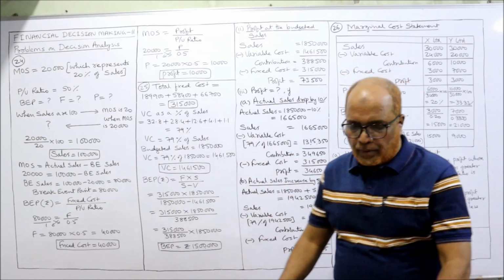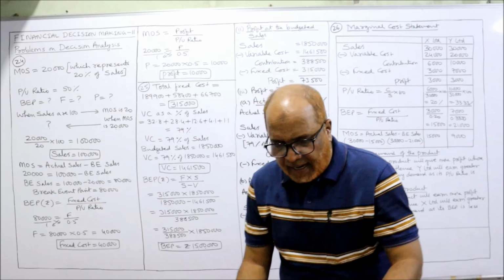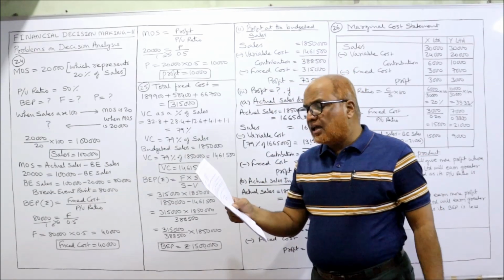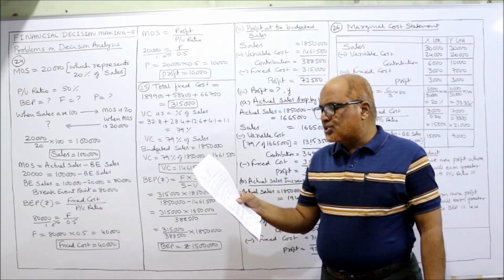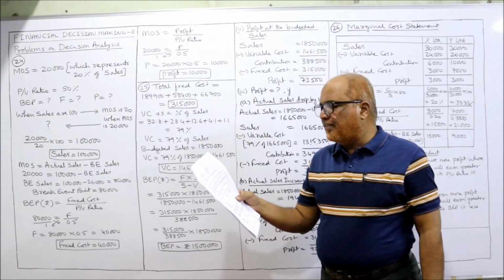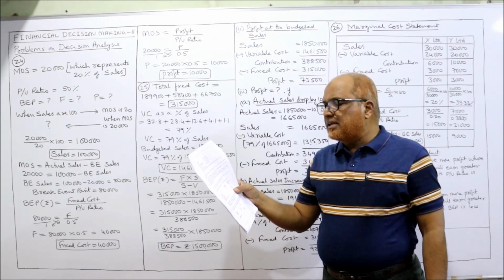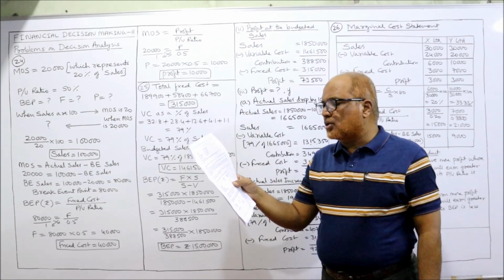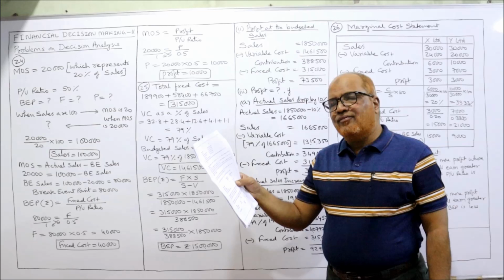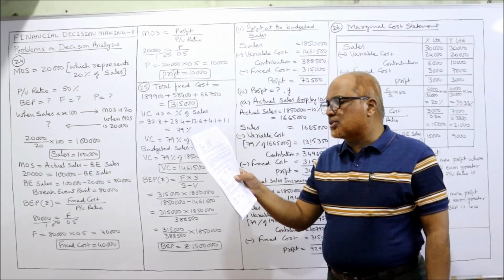Next, 25th problem. An analysis of Sultan Manufacturing Company Limited led to the following information: the variable cost as a percentage of sales and fixed cost. The direct material is 32.8% of sales. There is no fixed cost. Direct labor 28.4% of sales, no fixed cost.